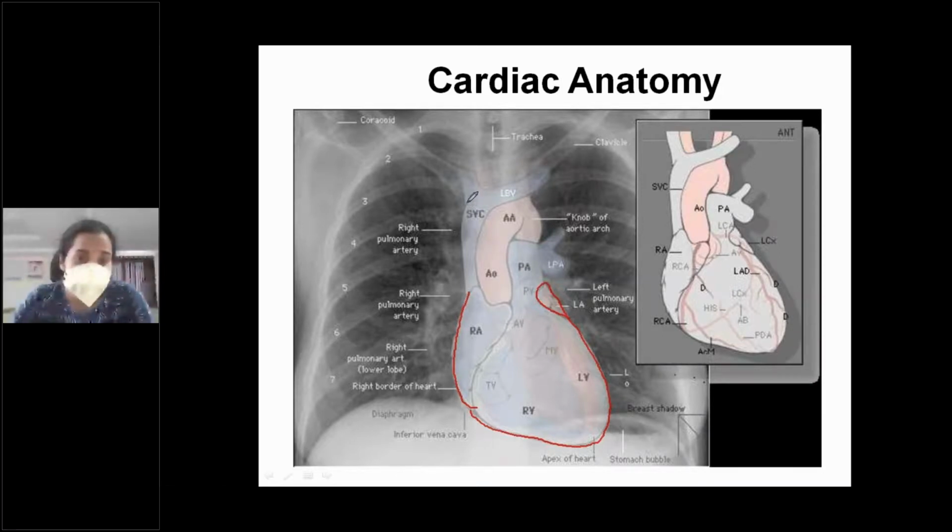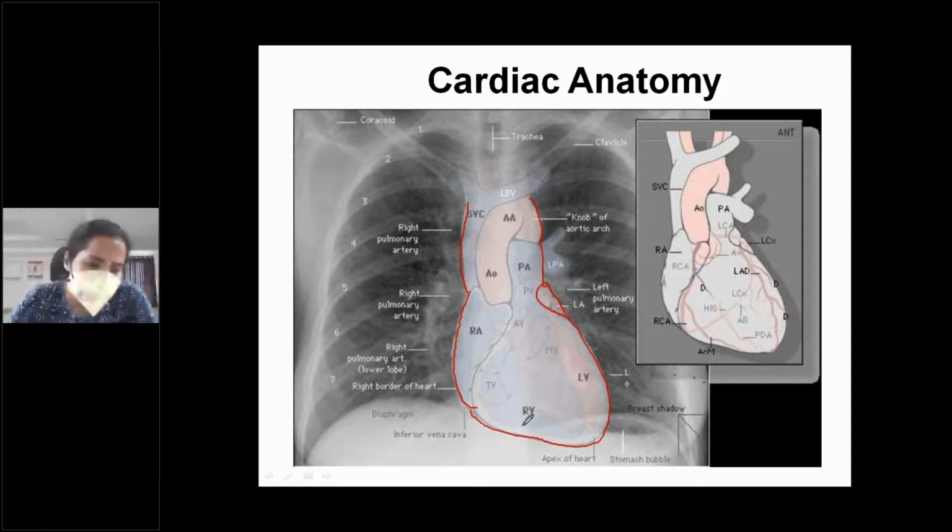Next, what else is forming the border of the heart? The superior vena cava is seen forming here superiorly, and here is the knob of the aorta, and then you have the pulmonary artery, and then you have the left atrial appendage.